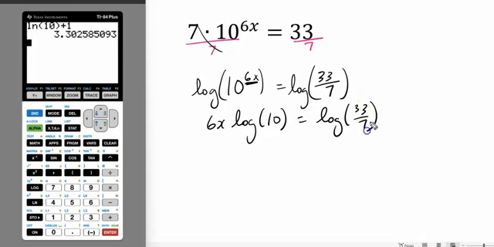And once again, it's a common result that the logarithm base 10 of the number 10 is just equal to 1. So ln of e is equal to 1 and log of 10 is equal to 1. And so this becomes 6x times 1, which is just 6x.